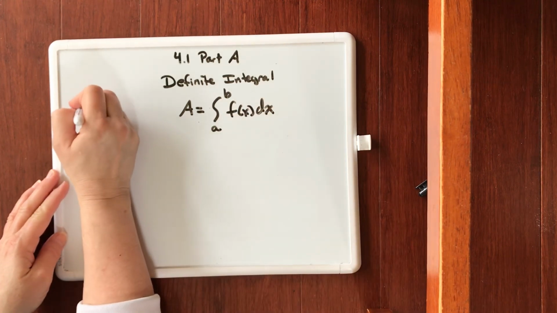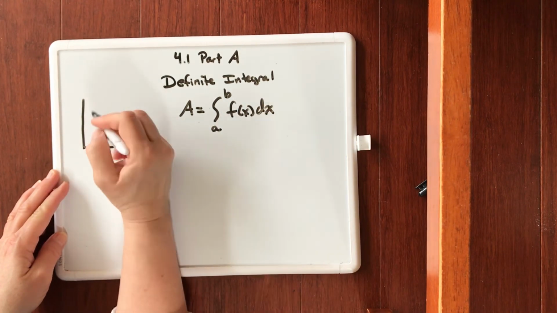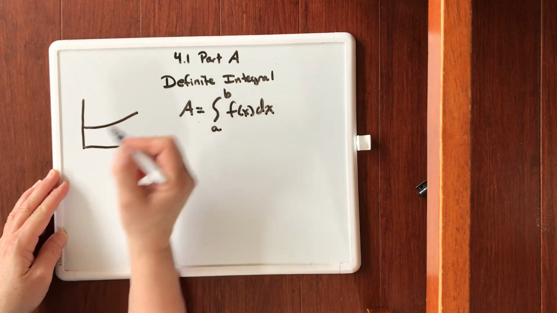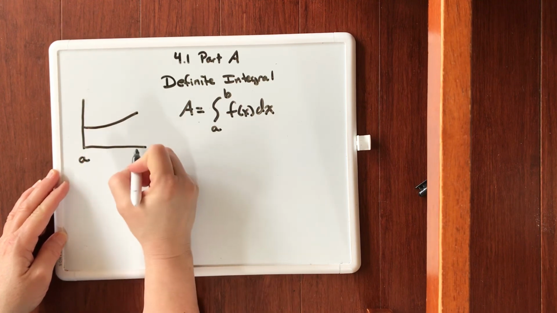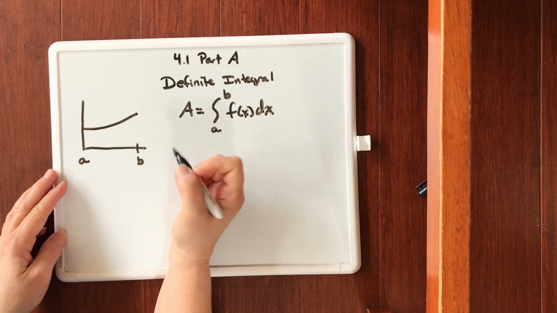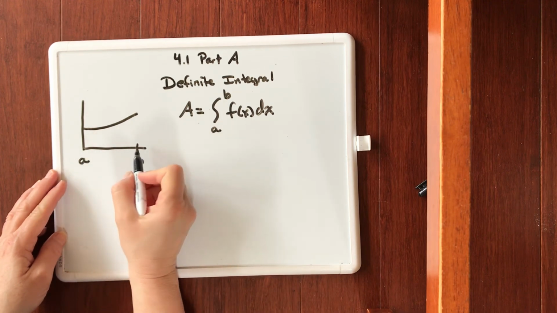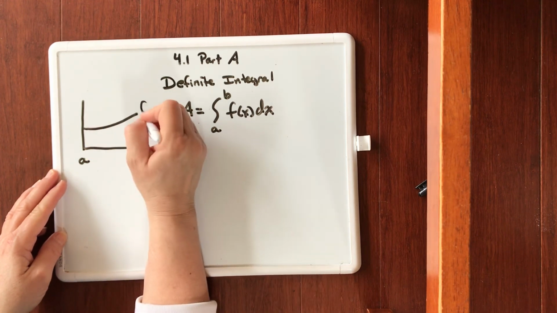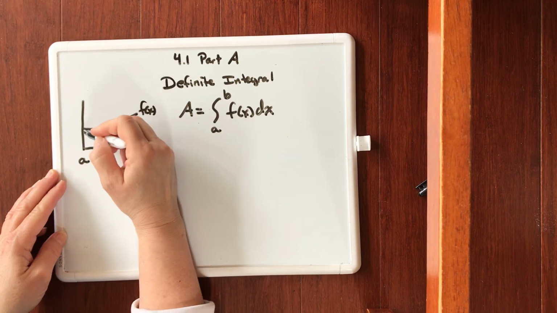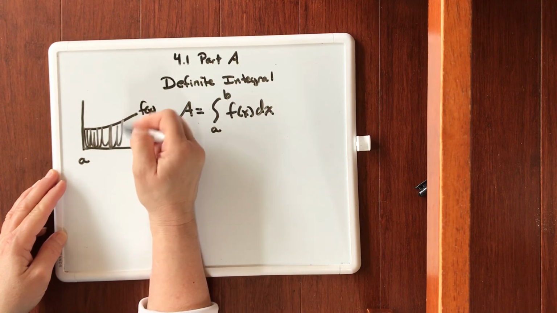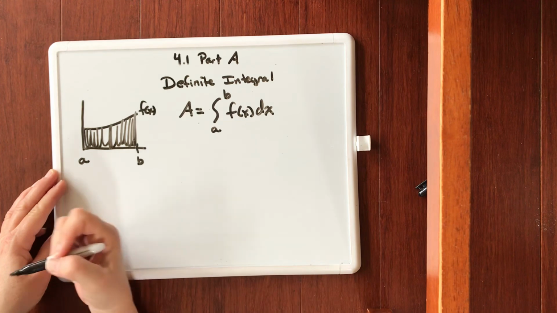Now, what does this look like? Okay, let's draw a similar picture that we had. This would be point A, this would be point B, and we're going to integrate from A to B, and this is f of x, of course. And by integrating, we would find the area under that curve.